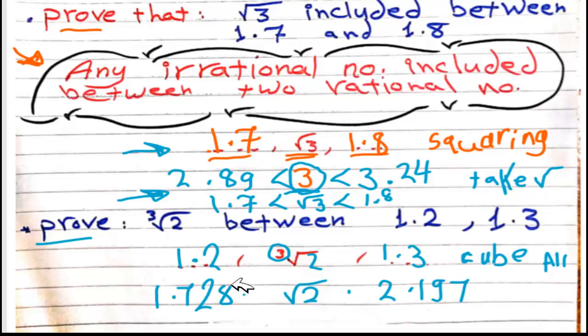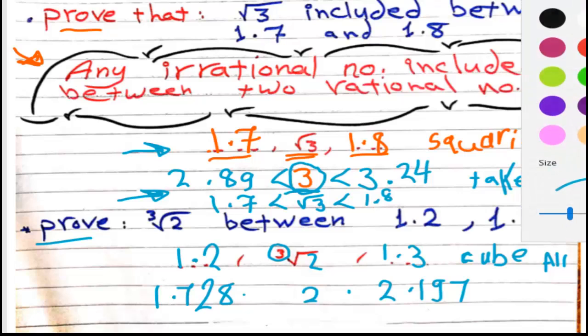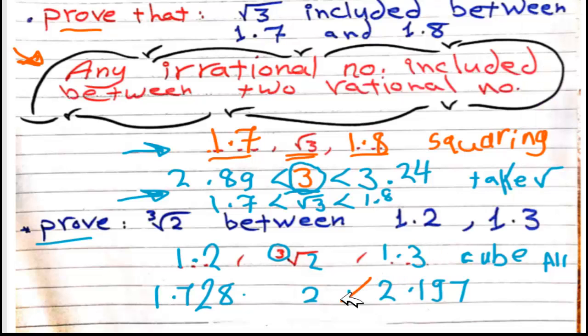So here you have 1 pound and more than 1 pound, and here 2 pounds and more than 2 pounds. So 2 is between these two numbers. So this number is included between these two numbers.